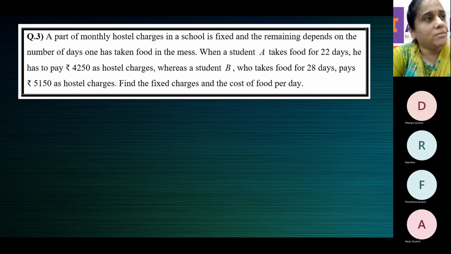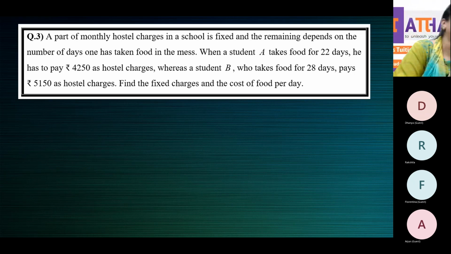So you should remember the earlier situation. What was the earlier situation? When you hire a taxi, the total fare is made up of two costs. One is the fixed cost and the other is the variable cost. The fixed cost is X. The variable cost depends on the distance you travel.